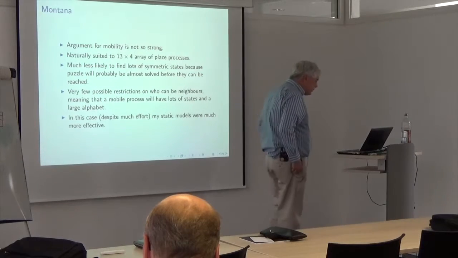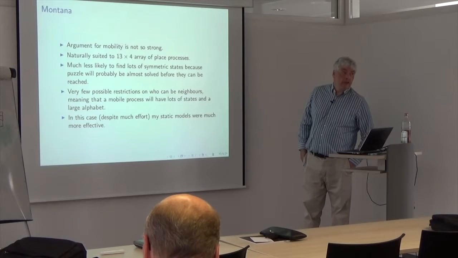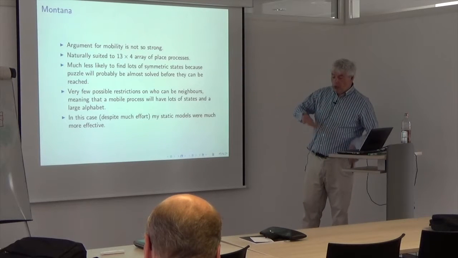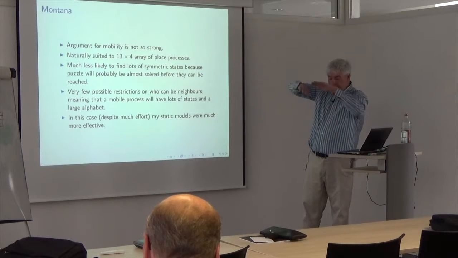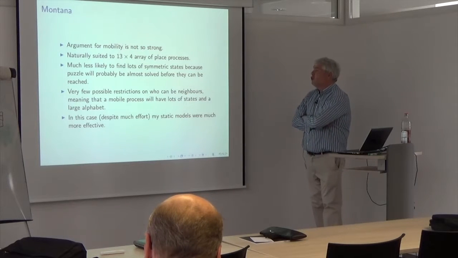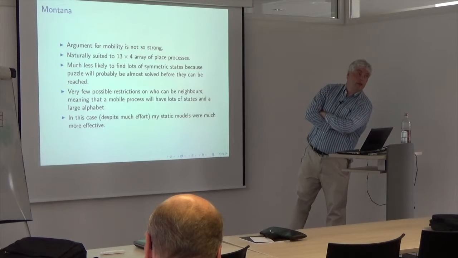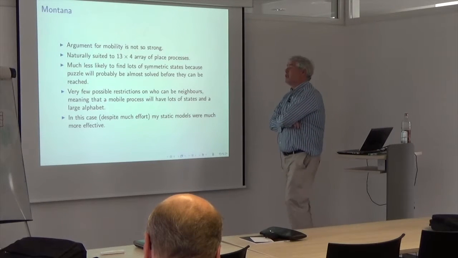Also, you're much less likely, because of the particular nature of that game, to find a lot of symmetric states. A symmetric state would be one where you had the same cards in the rows, but the rows were permuted. That's simply because in order to reach such states, you'd almost have had to solve this puzzle by the time you got there, if you think about the game for a minute.